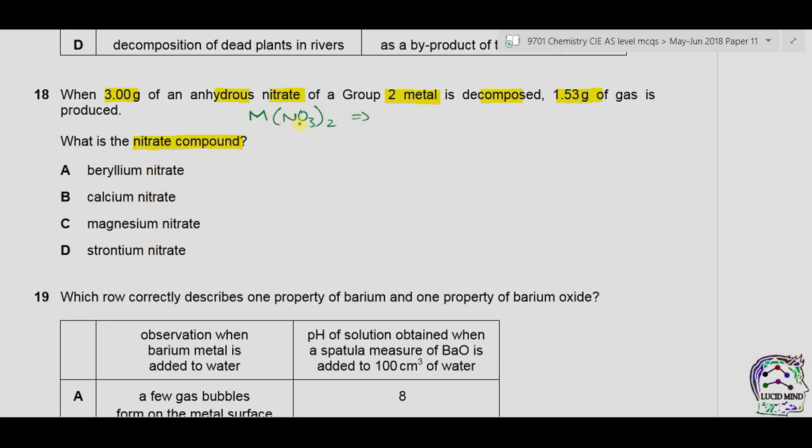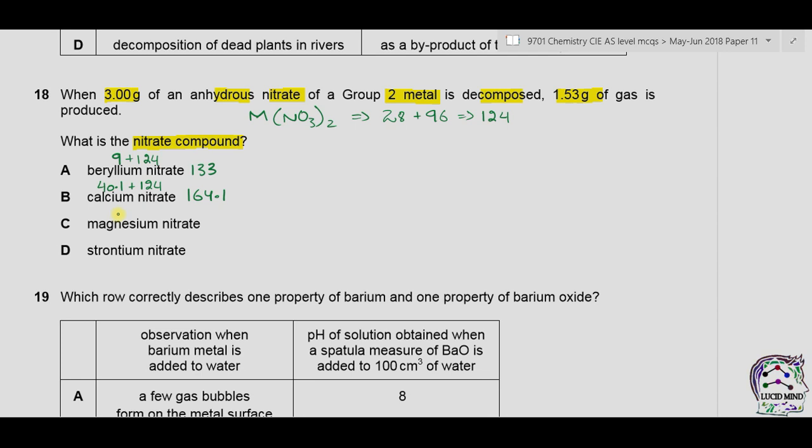As in nitrate we have 2 nitrogen atoms, 6 oxygen atoms, so the molecular mass equals 124 for nitrates. For beryllium the atomic mass is 9, so 9 plus 124 equals 133. For calcium the atomic mass is 40.1, so 40.1 plus 124 equals 164.1.